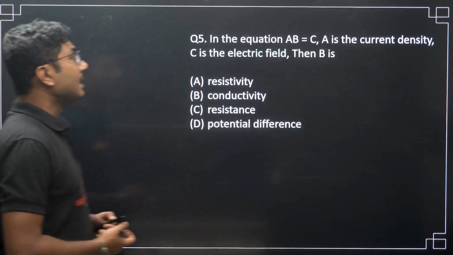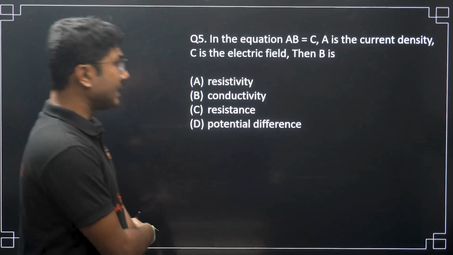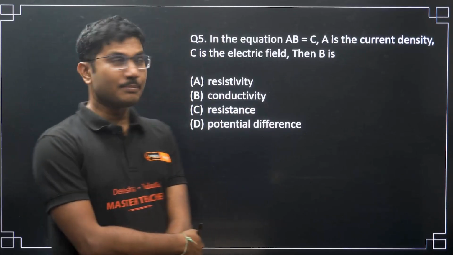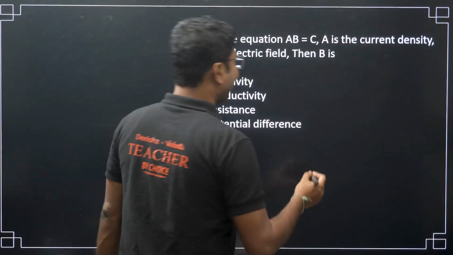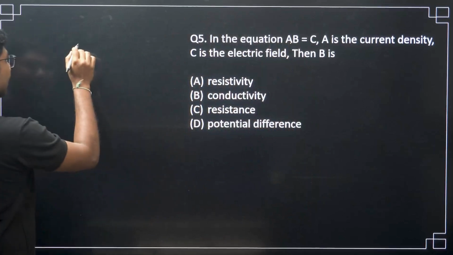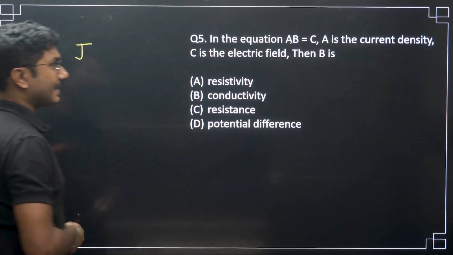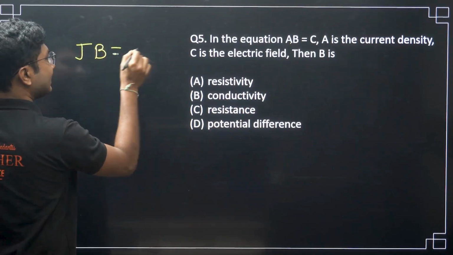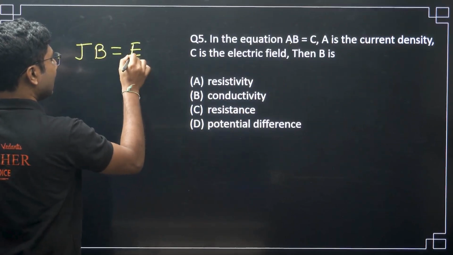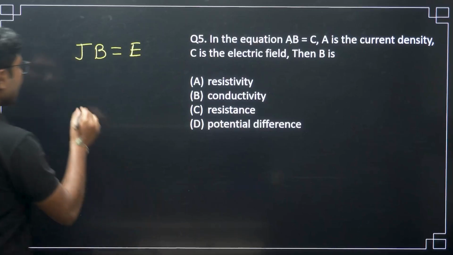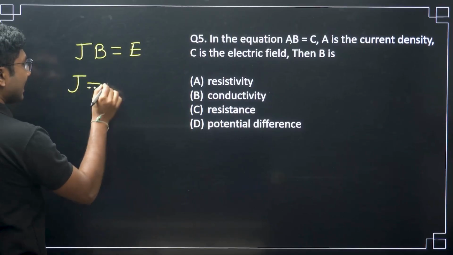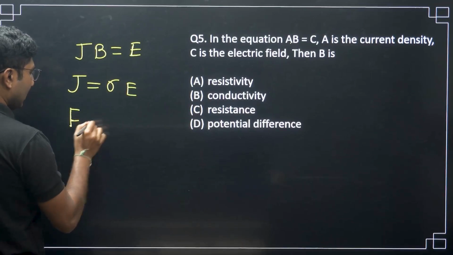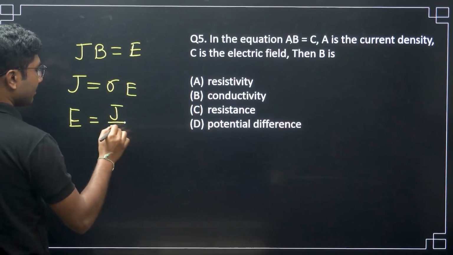Next question, in the equation AB equals to C, A is current density, C is the electric field, then B is. So A is current density J, and B we do not know, and C is given as electric field E. Now we know there is a relationship between J and E as J is equal to sigma E, or E equals to J upon sigma.